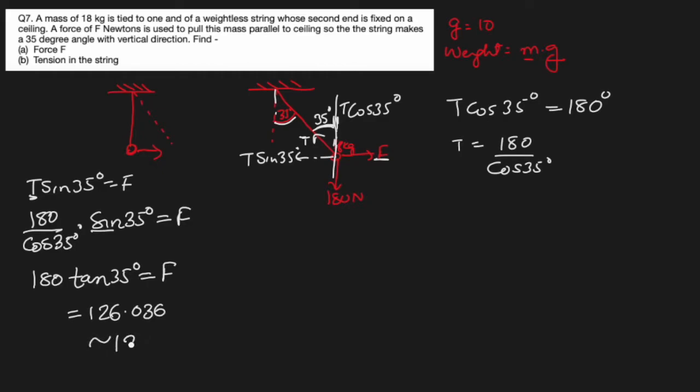We can round it to 3 significant figures, 126 Newtons. Now in part B, the tension in the string will simply be 180 divided by cos 35. It is 219.7399, which can be written as 220 Newtons.